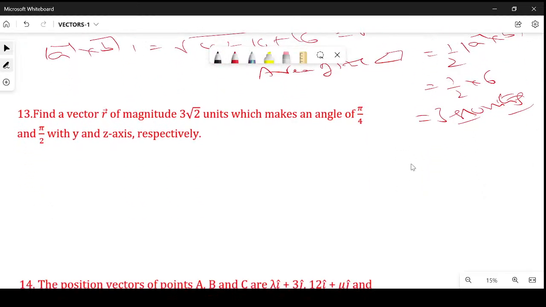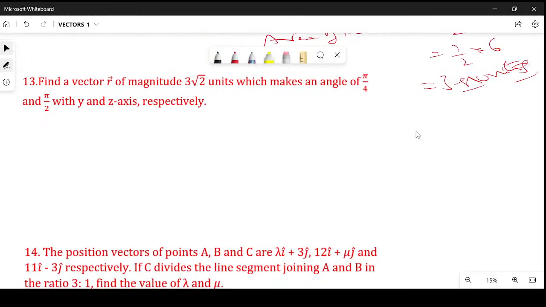Now question number 13. Find a vector r bar of magnitude 3 root 2 units which makes an angle of pi by 4 and pi by 2 with y and z axis respectively. See, this is the problem.